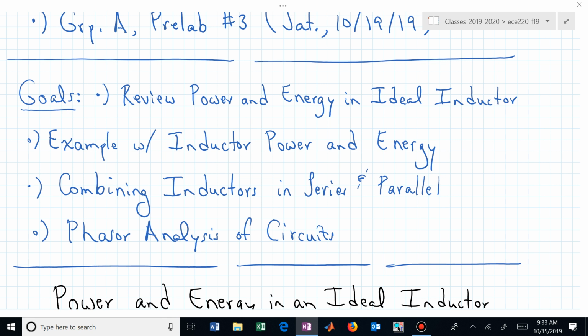Goals. First, let's review power and energy in an ideal inductor. Then we'll go through an example dealing with power and energy. And then we'll combine inductors in series and parallel. And those you'll see combine like resistors.